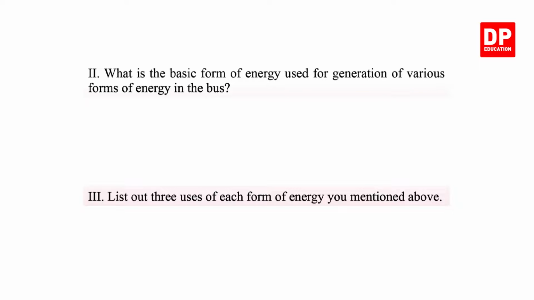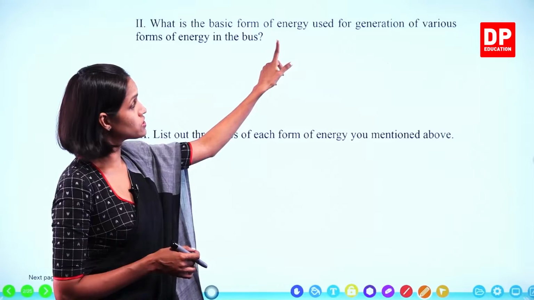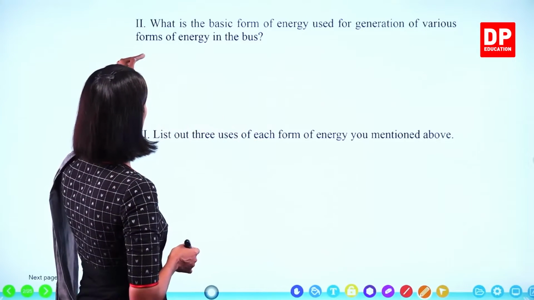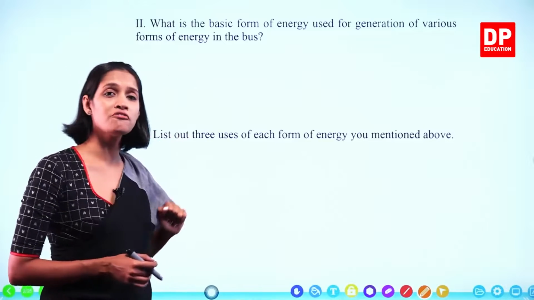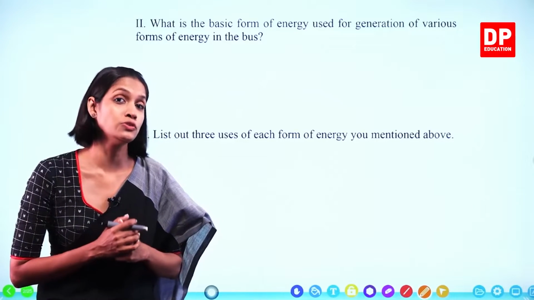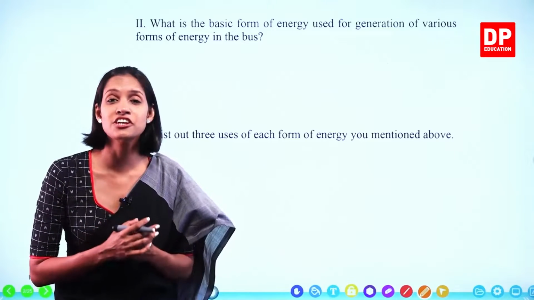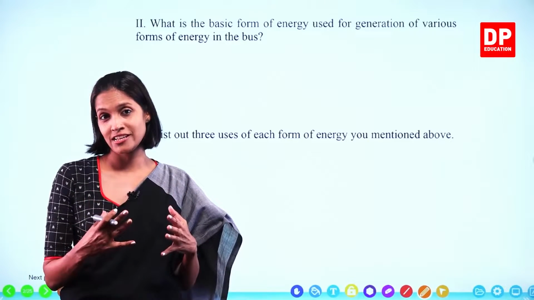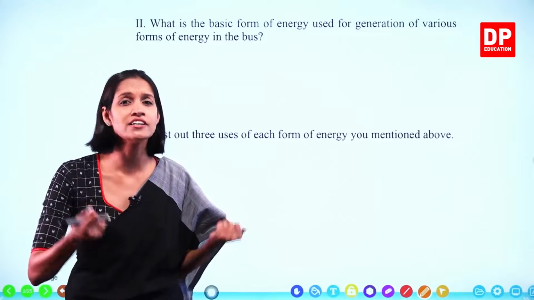Right. Next one. What is the basic form of energy used for generation of various forms of energy in the bus? What is the basic form of energy, children? You all know the vehicle, when you consider any vehicle, it runs because of its battery. Right, children? If the battery does not work, we can't even start the vehicle.